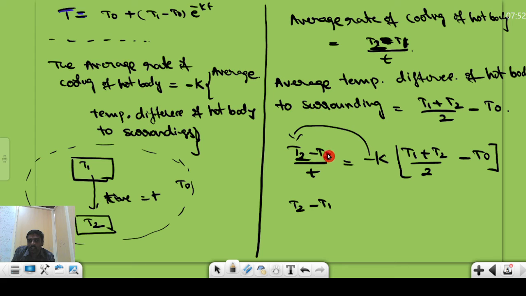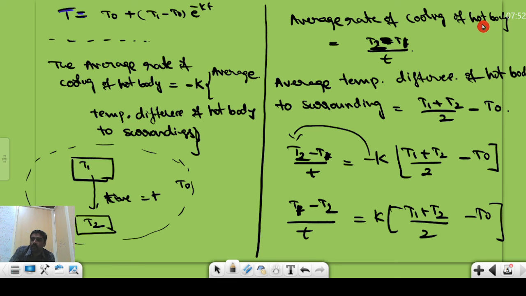If we send this negative sign to this side, that is equal to T1 minus T2 divided by t, which is equal to K into (T1 plus T2) divided by 2 minus T0. Average rate of cooling means final temperature minus initial temperature, this is the final temperature, this is the initial temperature, that is the formula we need to use.